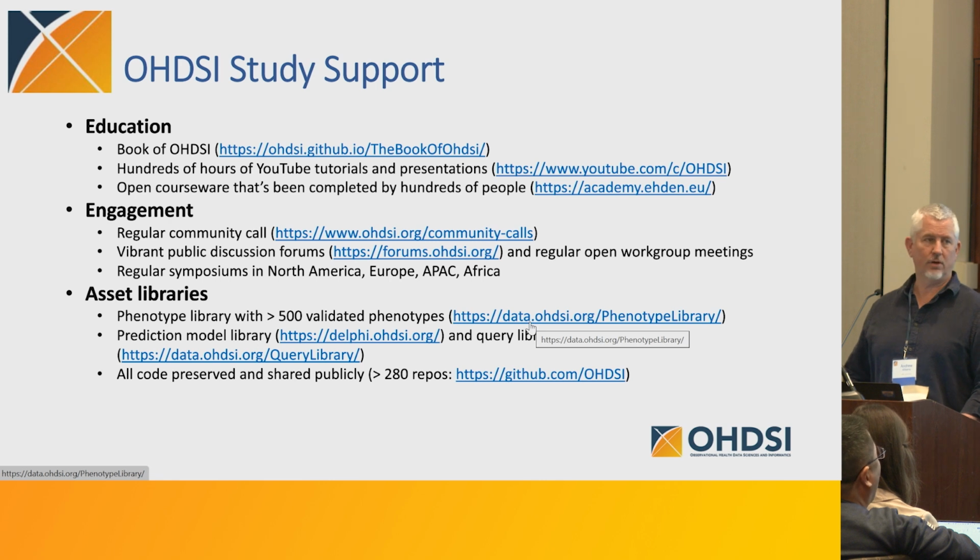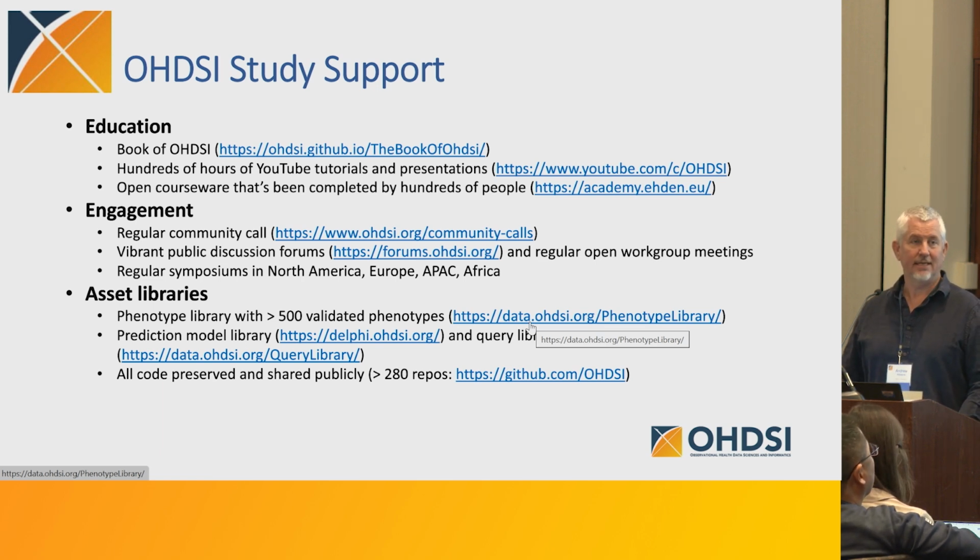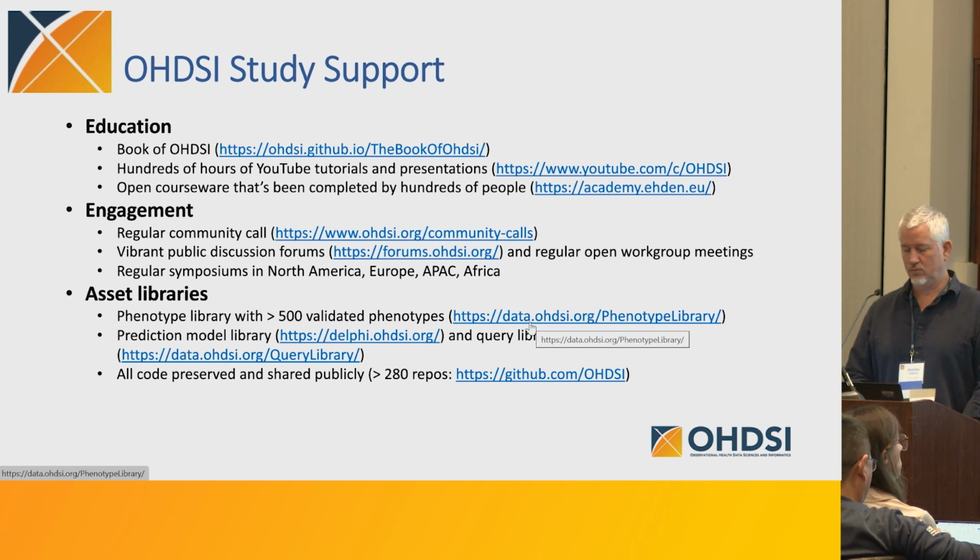There are really important asset libraries. The whole motivation of doing research in this way is in part to standardize things, not for its own sake, but because that allows you to reuse things. So when you've got things like a phenotype library that has performance data associated with it, you can reuse those. You may not use it exactly as is, but it's standardized stuff that's available to reuse.